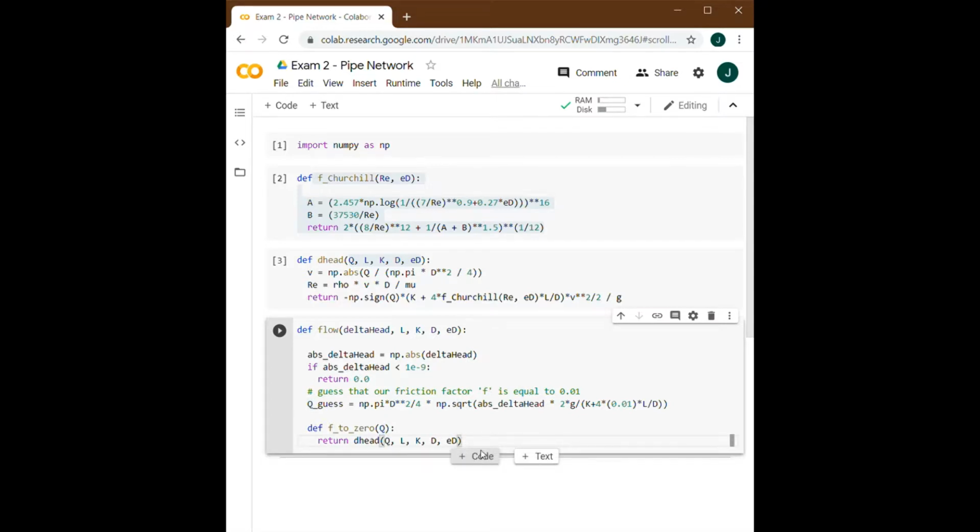So what we're going to do is then subtract this by our actual delta head, which we're going to get from this function, abs delta head.